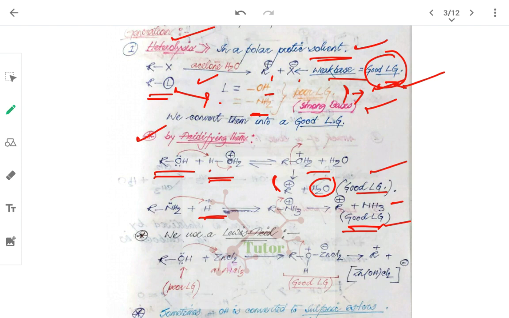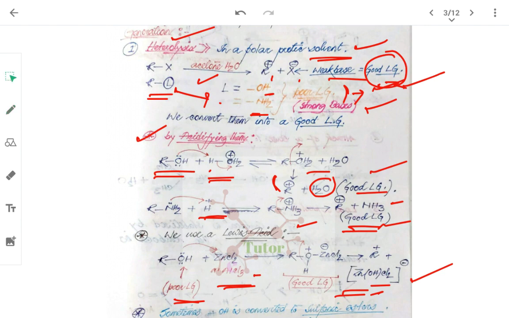We use a Lewis acid also. ROH, a poor leaving group, and zinc chloride or aluminium chloride, a Lewis acid, form a good leaving group. ZnOHCl2 minus is a good leaving group.